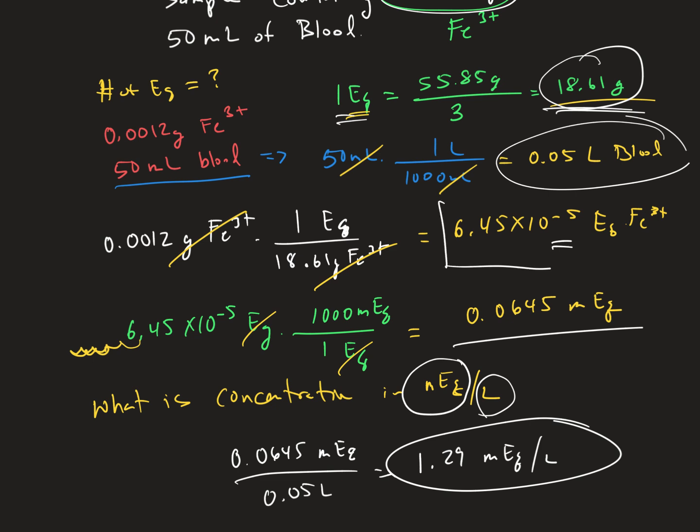This is the answer, right? And then sometimes it asks for the concentration in milliequivalents, so we just convert it to that, right? So then our next question was how many milliequivalents per liter? So we kind of just did like 3 problems there, right? Any questions on this?